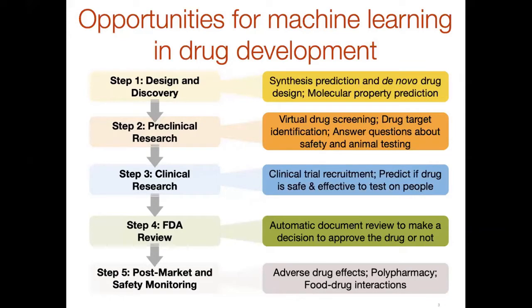And finally, in step 5, after the drug has been approved, opportunities for machine learning are certainly abundant, especially related to post-marketing surveillance and safety monitoring of drugs that are already on the market. So this is really exciting for someone who works in machine learning, because now we have all these amazing opportunities, and more data sets are also being generated that allow us to start tackling those questions computationally.